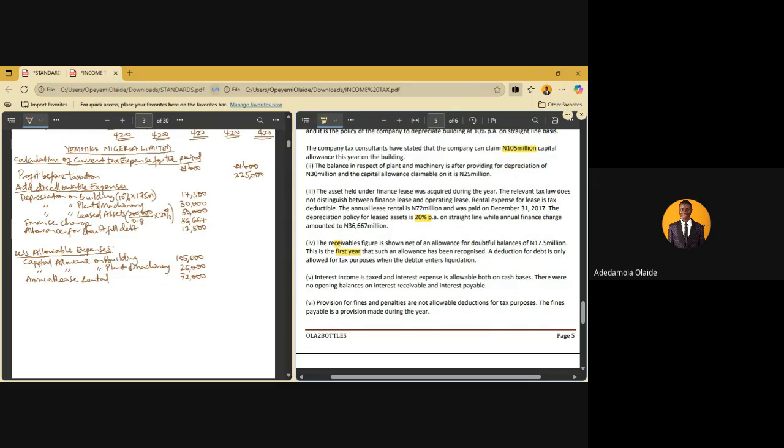Remember, in SOPL, we only take the increase or decrease in allowances, not the allowance calculated at the end of the year. Is it clear? But since this is the first year, the allowance calculated at the end of the year is the same as the increase for the year. Do we understand?